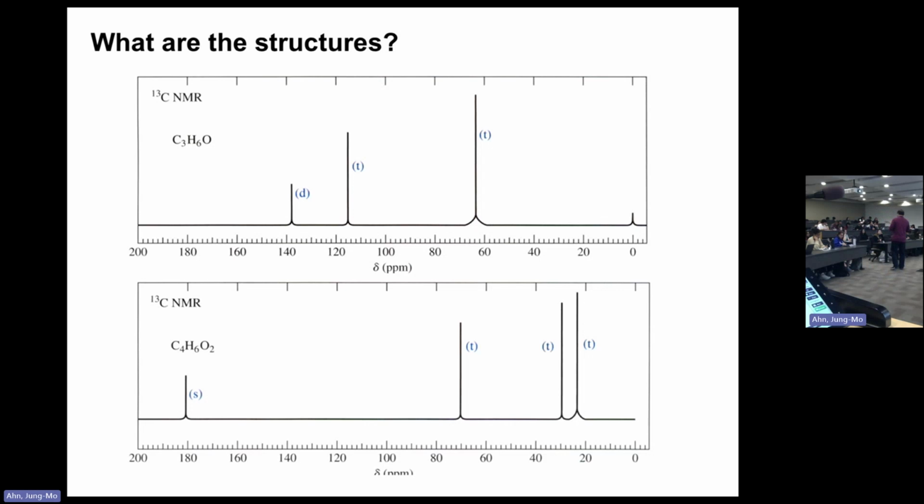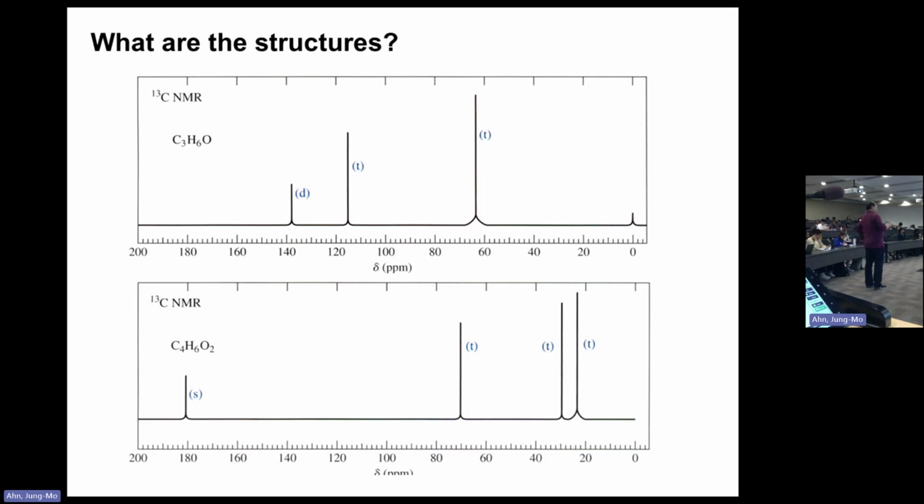Chemical shift is something that you should look at next. These 2 peaks appear at 140 and 115. So those 2 are appearing in a range where the double bond carbon shows, or the benzene shows. But this is just 3 carbons, so there's no way this could be benzene.